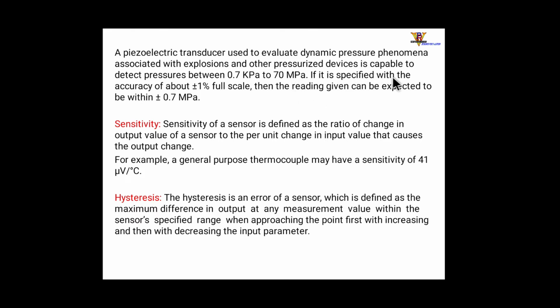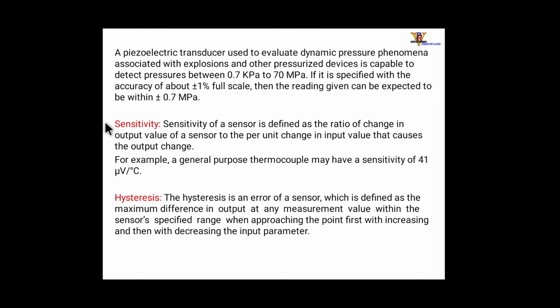So if it is specified that the accuracy is plus minus 1% of full scale, full scale here is 70 megapascals, the maximum value of that piezoelectric transducer. Then plus minus 1% of 70 megapascals is plus minus 0.7 megapascal. So your reading must lie within this range, plus minus 0.7 megapascals. Then it is said to be accurate.